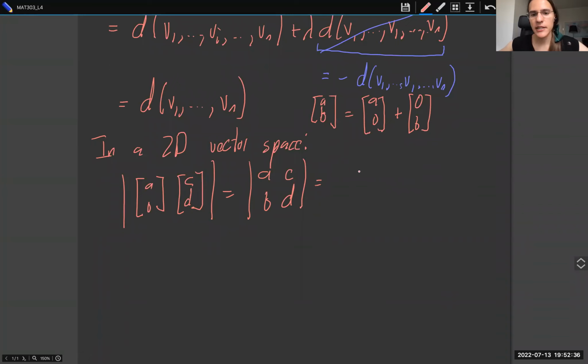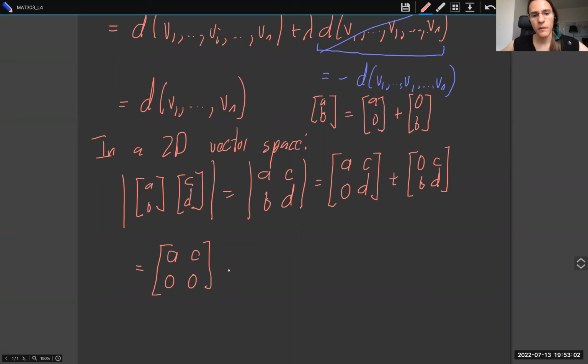So by multilinearity, this is equal to D of (A, 0), (C, D) plus D of (0, B), (C, D). And then splitting up the last thing further, D of (A, 0), (C, 0) plus D of (A, 0), (0, D) plus D of (0, B), (C, 0).